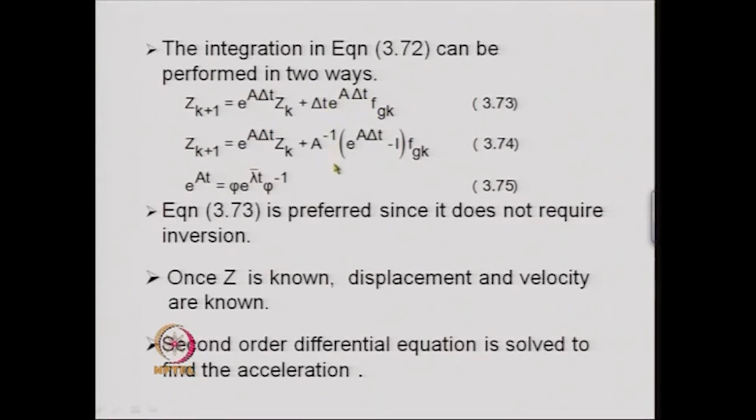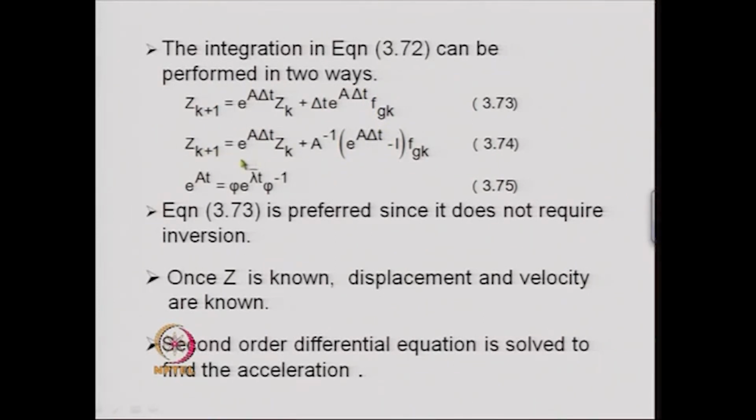The other result for the integration could be in this form. Out of these two forms, this form is preferred because it is simpler in the sense that it does not require the inversion of matrix A. Note that the excitation which is to be known is Fgk, that is the excitation at kth time t.